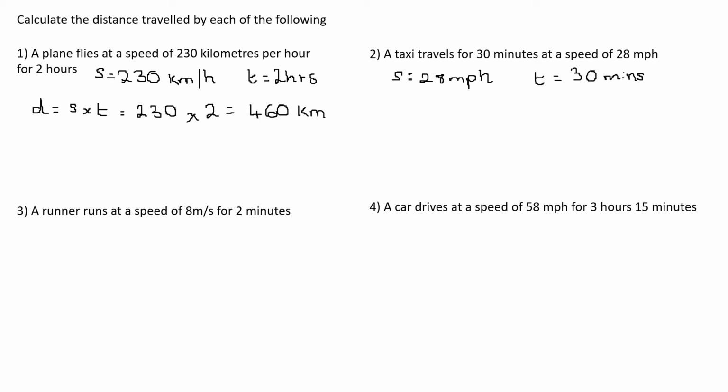So I need to turn my time in minutes into hours. 30 minutes is half an hour. So we can say that that's 0.5 hours. So distance will be speed multiplied by time, which is 28 multiplied by 0.5. When I multiply by 0.5, it's the same as dividing by 2. So the taxi will travel 14 miles.